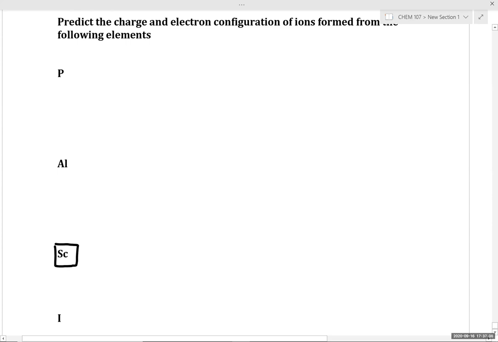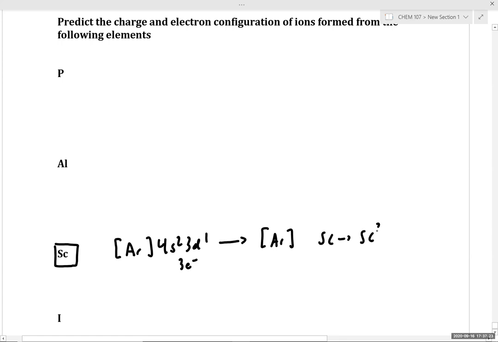Scandium has a configuration of argon 4s2 3d1. So to reach our closest noble gas configuration, we need to lose 3 electrons. So then scandium will prefer to form scandium 3+.